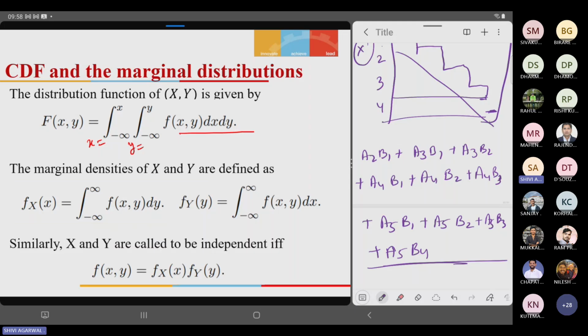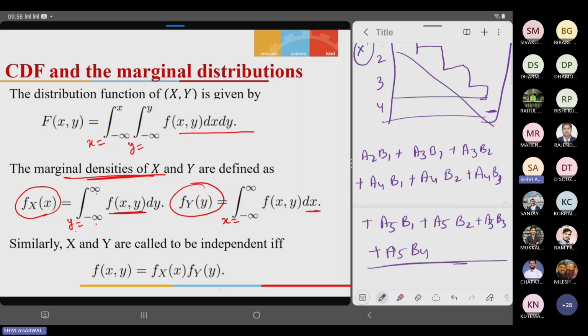Okay, now the marginal density function, that we get by just integrating the joint density function with respect to y from minus infinity to infinity. So this is a function of x alone. Similarly, when we are integrating the joint density function with respect to x, that will become the marginal density function of y. The same thing which we have done earlier, only we are replacing summation with the sign of integration.